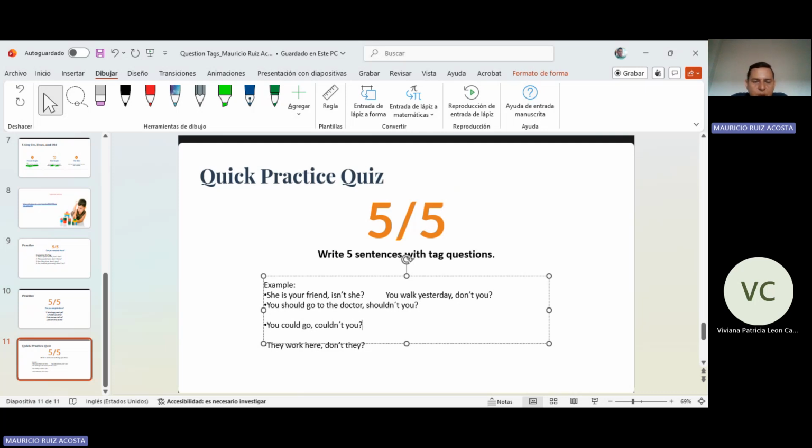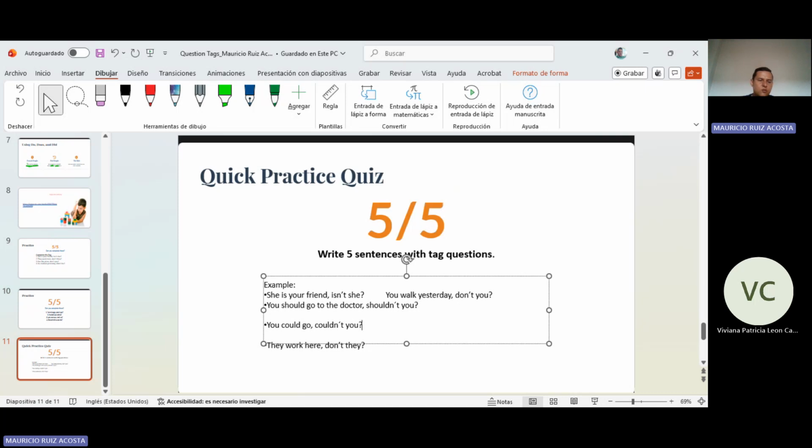This is so easy. Remember that we must use the same auxiliary verb or the same modal verb when we form the main clause and the tag question, we use the same.